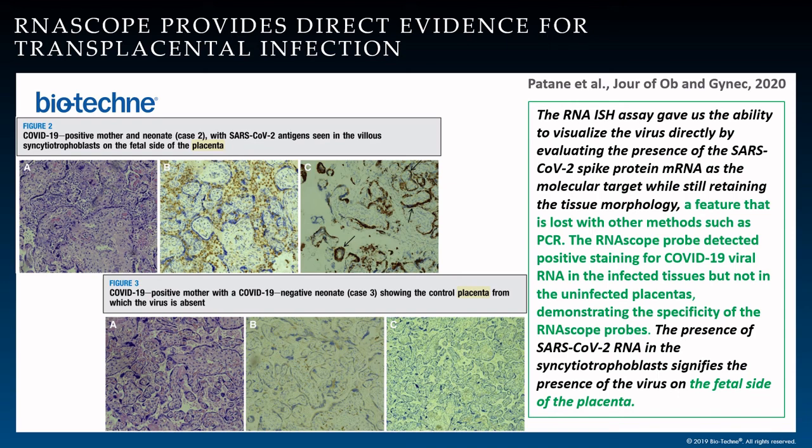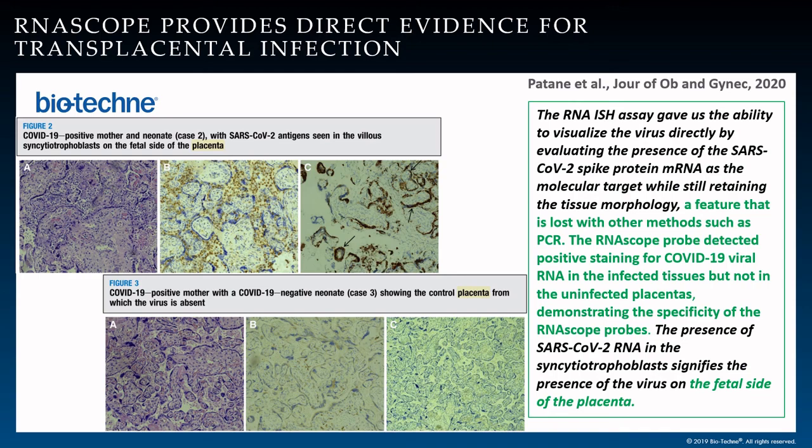They used our RNAscope 2.5 Leica Brown assay to visualize the virus in the placental tissue and evaluate the tissue distribution while retaining the morphological context. RNAscope validated the presence of the SARS-CoV-2 RNA in the infected placentas, supporting the possibility of a vertical transmission of SARS-CoV-2 from mother to baby in utero.